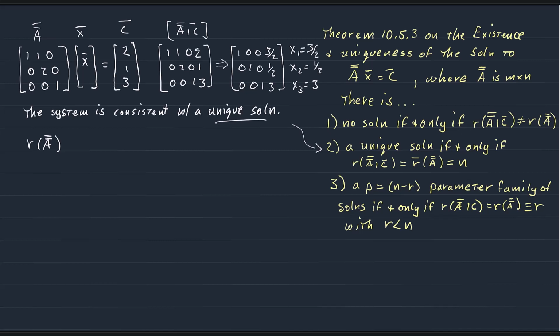So we know that the rank of A is equal to the number of non-zero rows, so that's 3. And the rank of A is also equal to the rank of the augmented matrix, and it's equal to the number of columns.